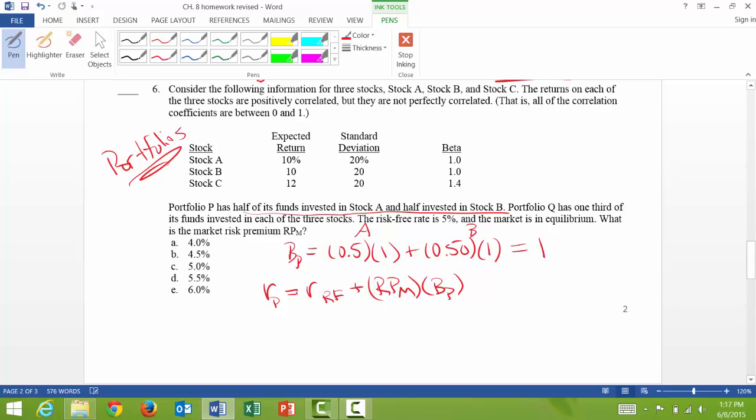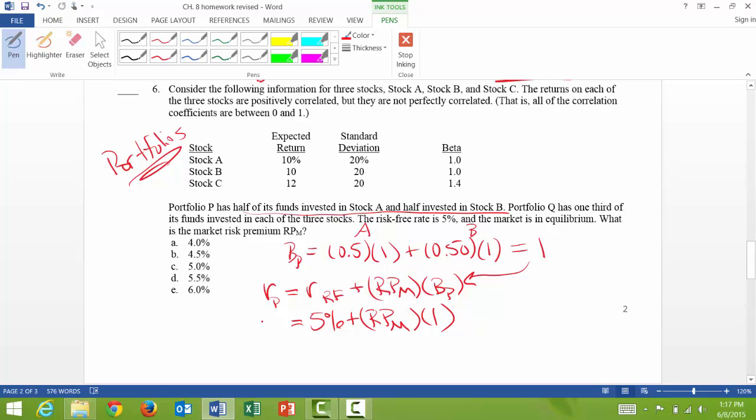That's the key difference here. And the risk-free rate, they said, is 5%, plus the market risk premium times 1, because that's what we got for the beta of the portfolio.